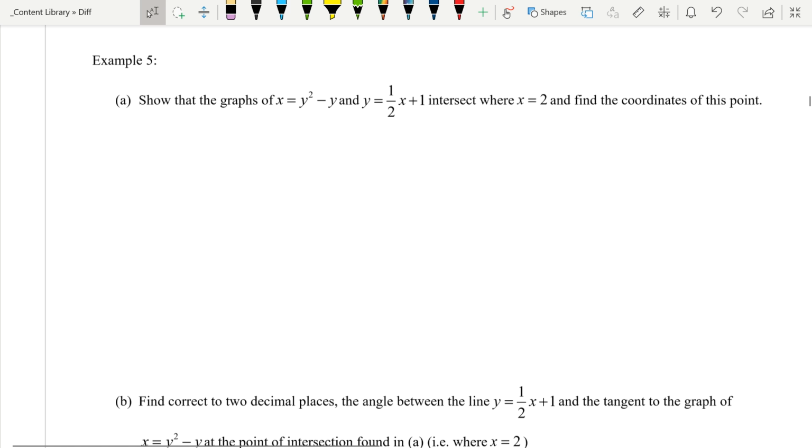So how can I sketch it? What are the key points, key features? 0 and 1, and the turning point. Well, I will make x equals y(y minus 1), and then the graph should be like that.